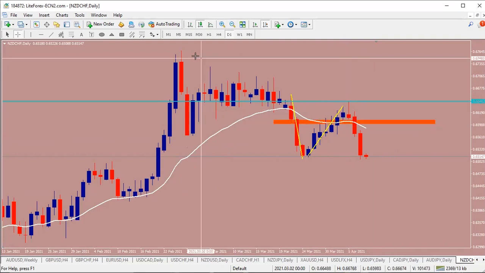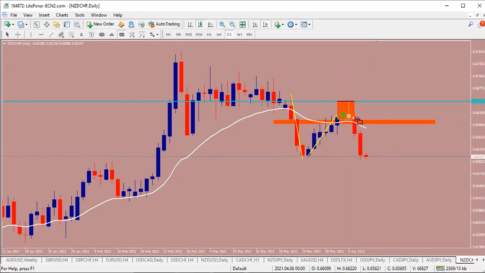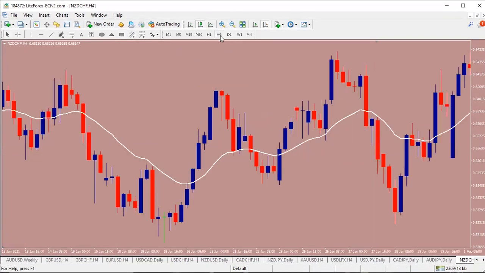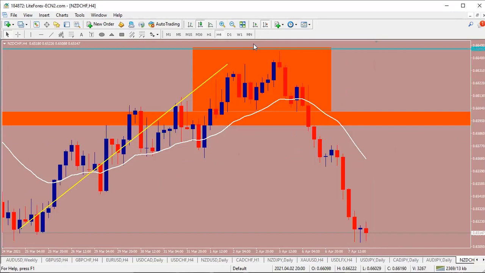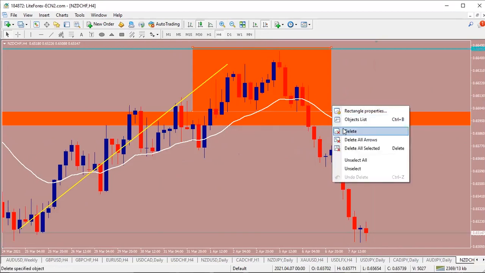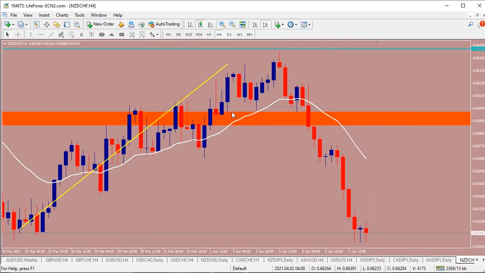Now, on Monday, let me highlight here. On Monday, they took price up. This is where Friday closed. Can you see? I separated it.